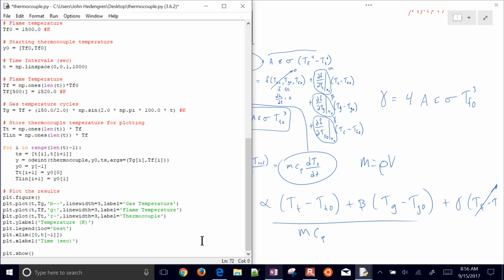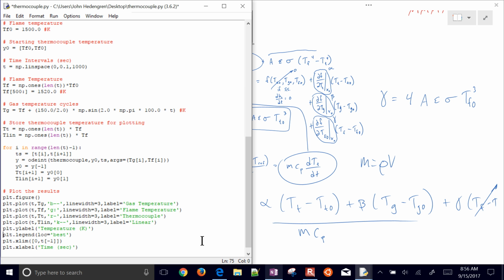And let's just add the linear thermocouple temperature here. Just going to copy this and then add T lin, and let's go ahead and make this one a black dashed line, and we'll just call this one linear.